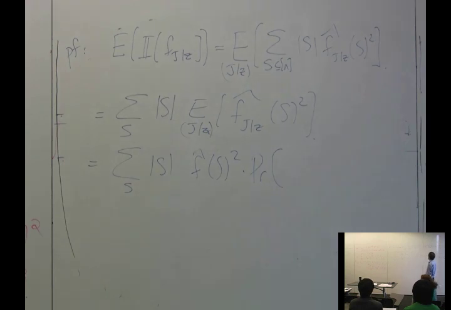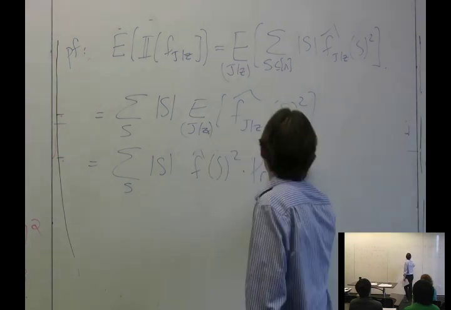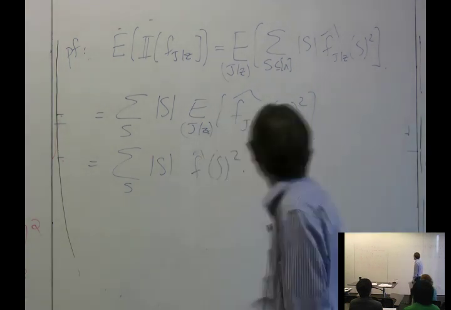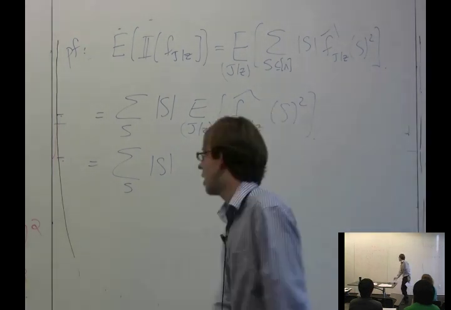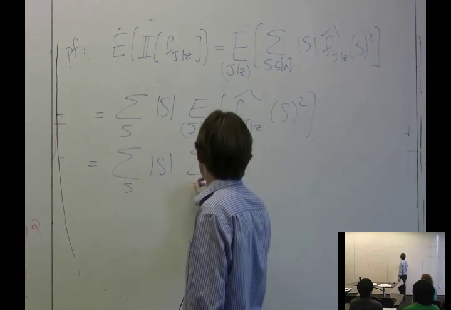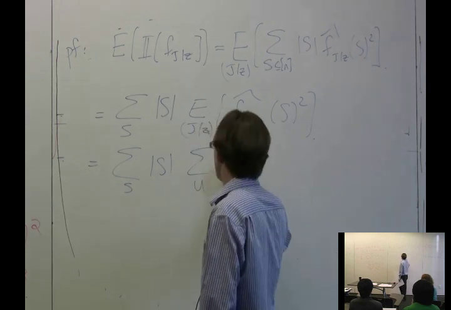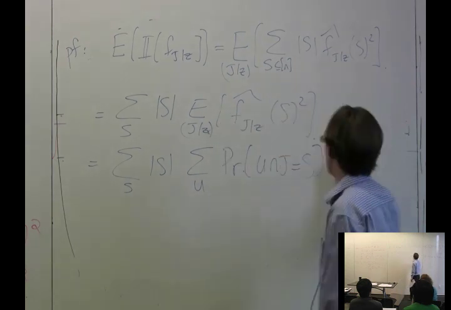Have I done something funny here? I need a sum here. Good. I should copy what's written there. Sum over U, the probability that U intersect J equals S, F hat U squared.